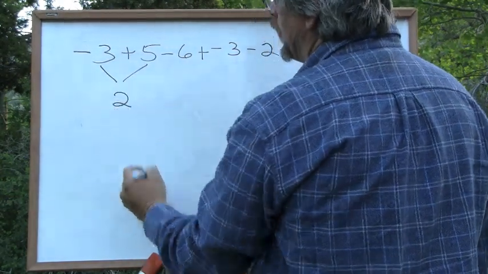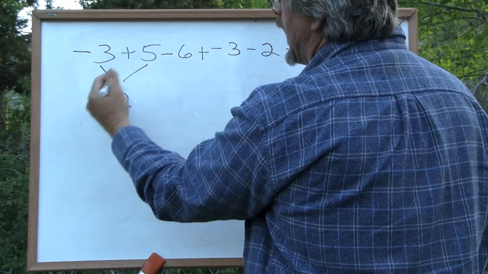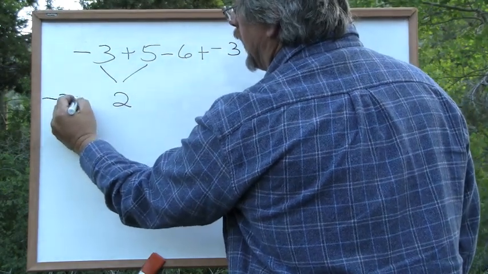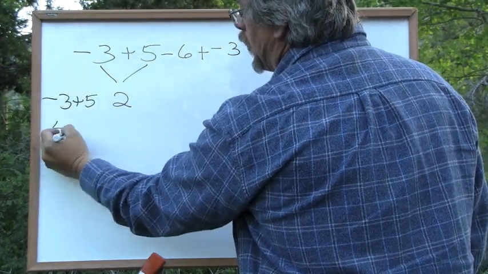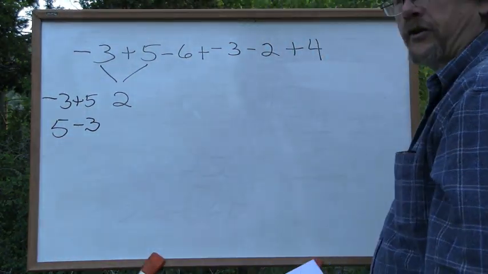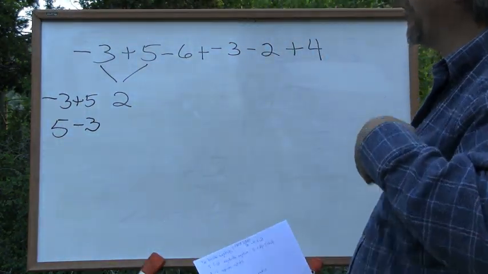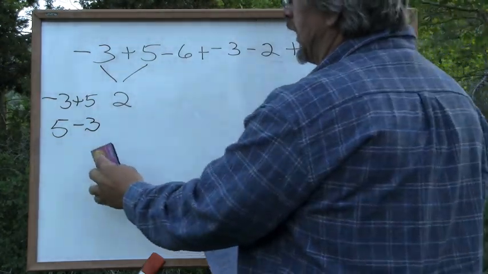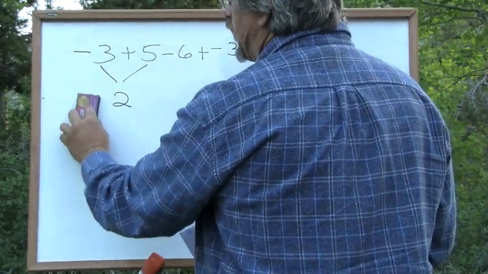This is simply 2. You can rearrange negative 3 plus 5 to 5 minus 3, or 5 plus a negative 3. And that's why that value is 2.